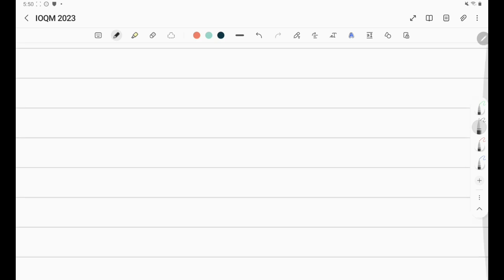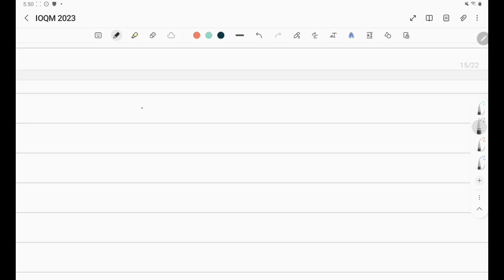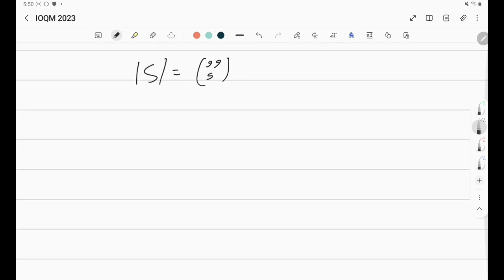Okay, let's do it here. So right now the cardinality of S, as we said, is 99 choose 5. Now let's figure out how we're going to add all the values for d. Okay, so now if you think about it, if d is some number, let's call it K, then remember we know A is less than B less than C less than K. So how many ways can we choose A, B, C?